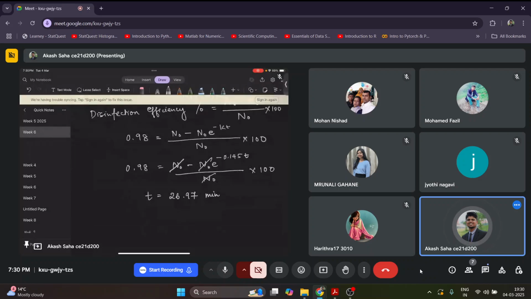Now for the volume, what you have to do? The volume of the disinfection unit will be equal to the discharge into time. So discharge is 1000 meter cube per day into 26.97. I will write it in minutes and convert into days, and then you will get the final answer as 18.73 meter cube.